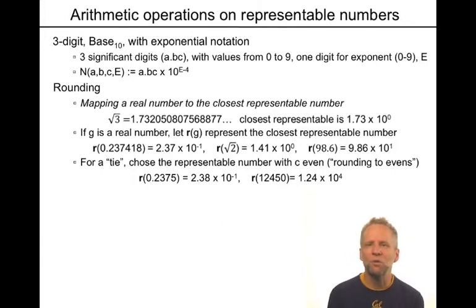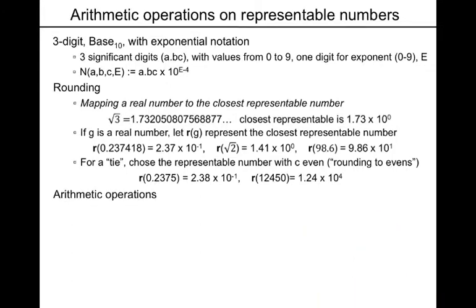By this rule, we round to even, so I'll make it go to 238. On this next one, I have 1245. If I round the 5 up, I'll get 125, but that will not be even, so I'll round that one down to 124. And we'll see again in the computer that same rule, it's just a rule, is used whenever the exact number lands exactly between two representable numbers.